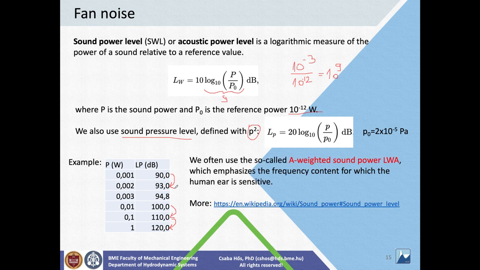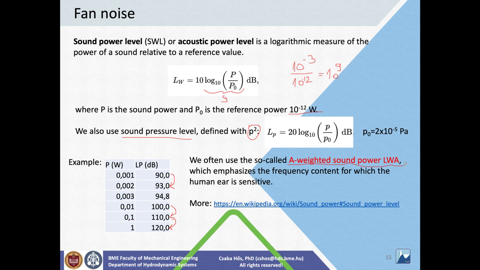Now, very often we are using something we call an A-weighted sound power level. This is also important. This A-weighted simply means that noise has different frequency contents. For example, if you take the noise of a car, then you have low frequency components, middle frequency components and high frequency components.